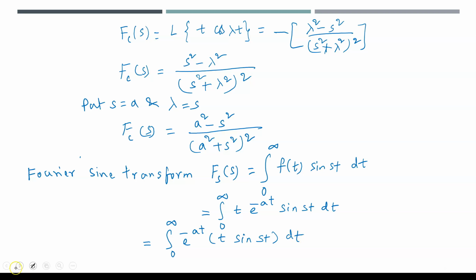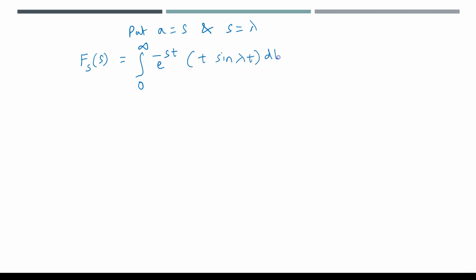Again let us put a equal to s and s equal to lambda. Then this fs of s, the Fourier sine transform, can be written as integral 0 to infinity e power minus st into t sin lambda t dt.